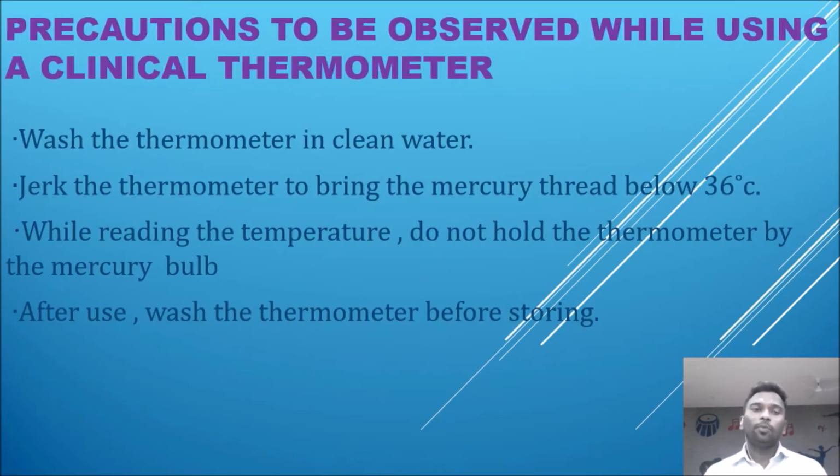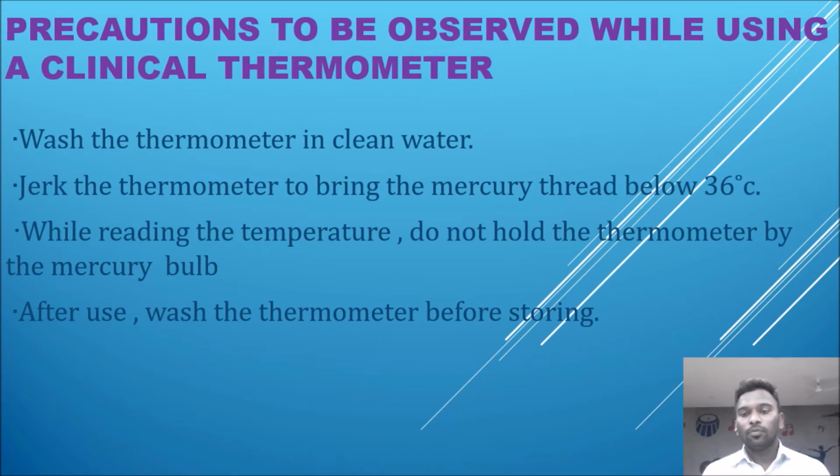Here is our next topic: what precautions we have to take while using the thermometer. The first precaution is to wash the thermometer neatly with clean water as well as antiseptic solution.